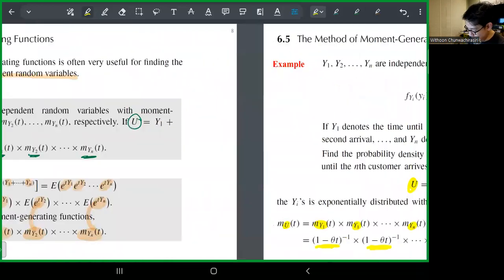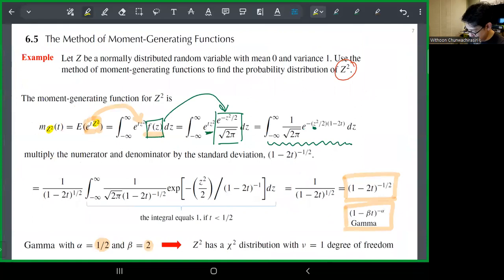So if you go back here, when you only do one Z, you have only one Z squared, you get the chi-square distribution, but the degree of freedom is only one because you only have one Y.